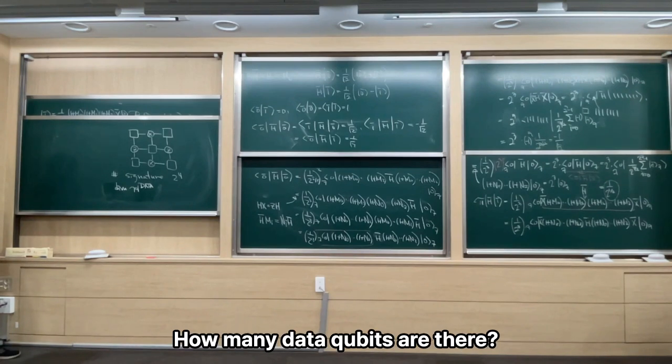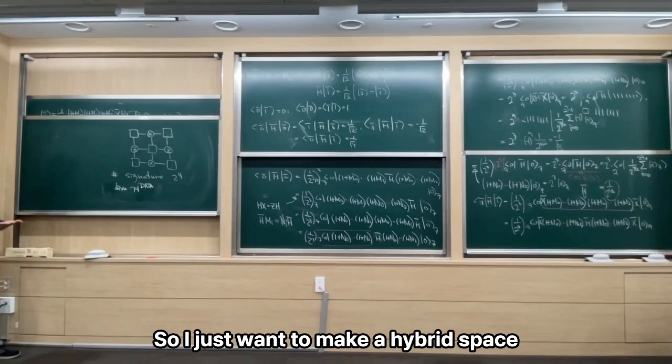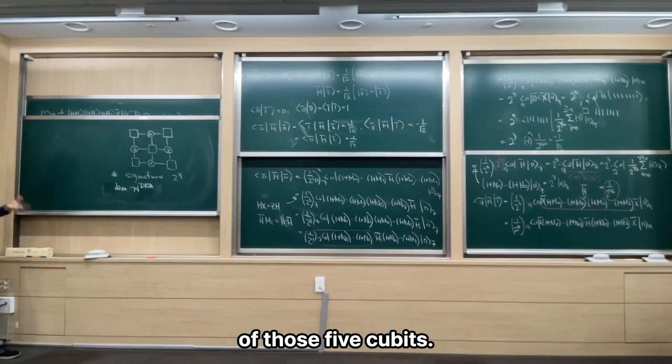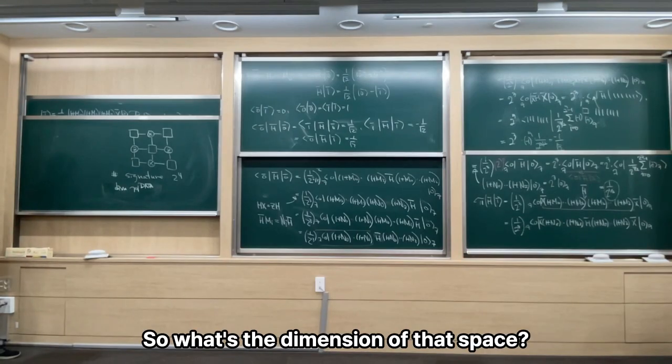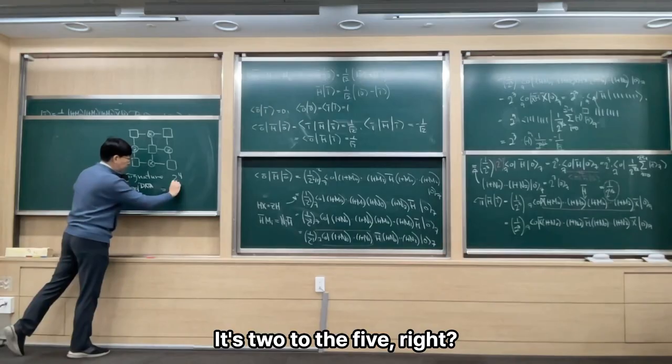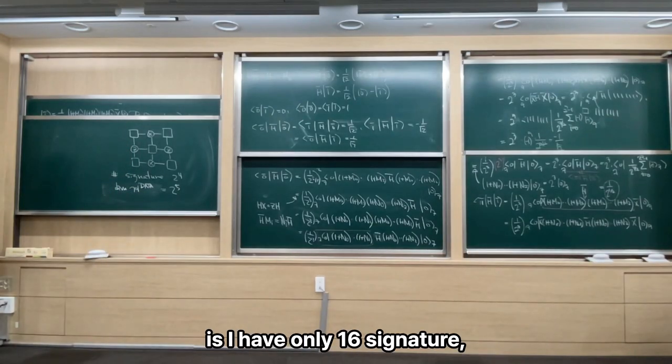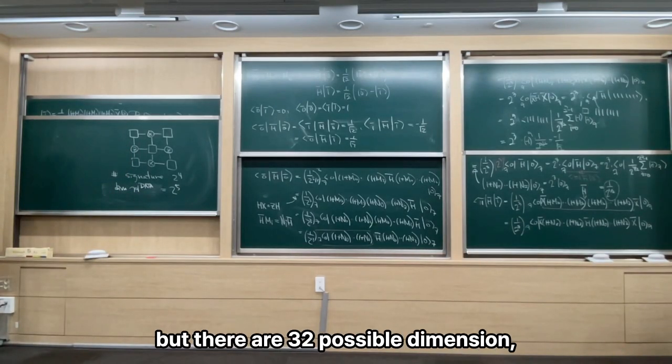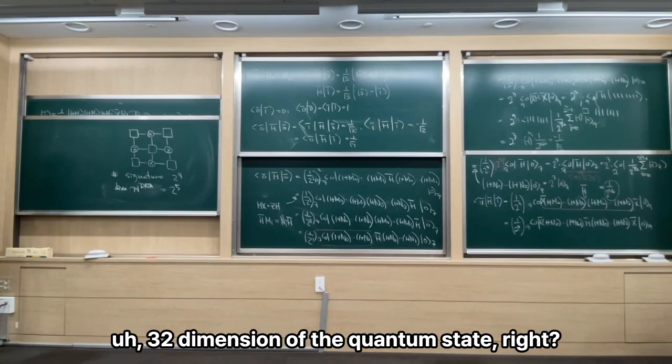How many data qubits are there? 5, right? So I just want to make a Hilbert space of those 5 qubits. What's the dimension of that space? It's 2 to the 5, right? So now the question is, I have only 16 signatures, but there are 32 dimensions of the quantum state.